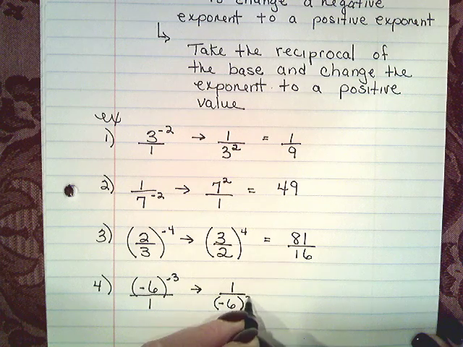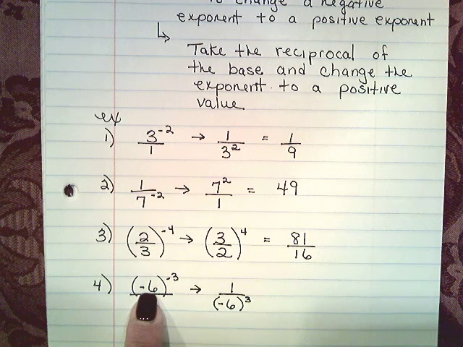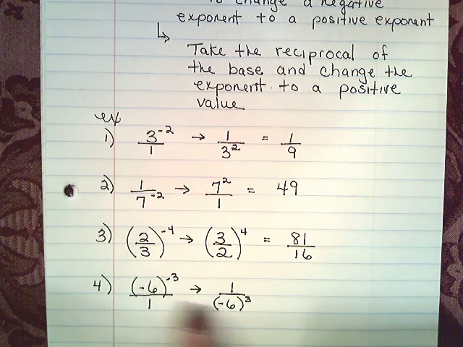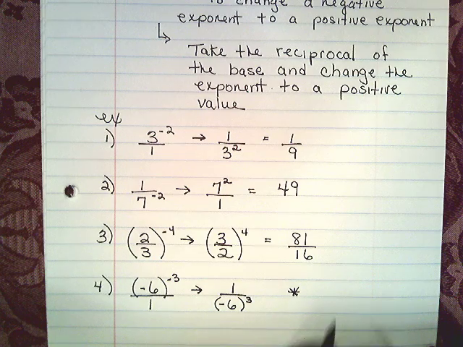The only thing that changes to a positive number is that exponent. So the negative 6 is the base, and the base does not change to a positive number when you put it into its reciprocal. The base always stays the same. So the only thing that's changing to a positive is the exponent.